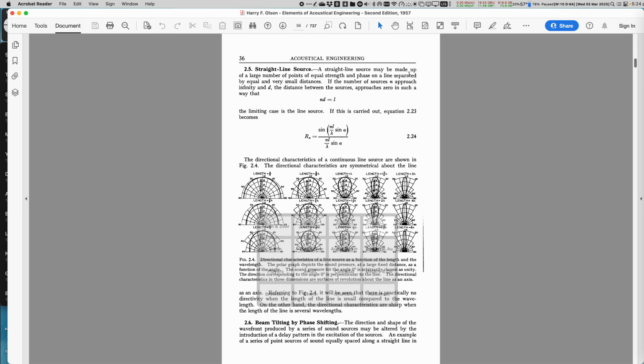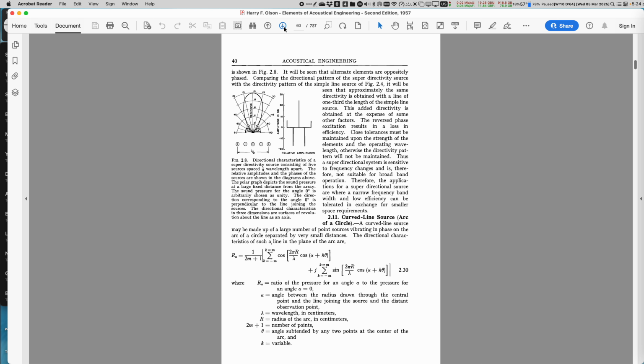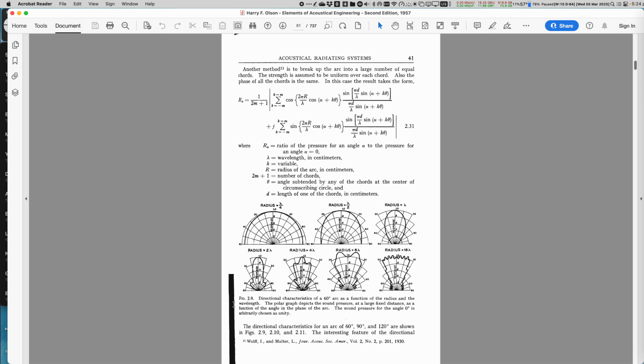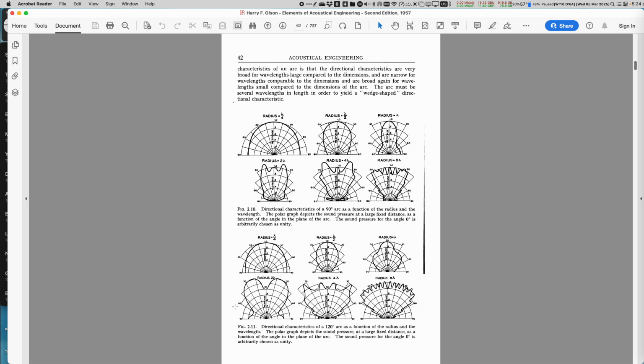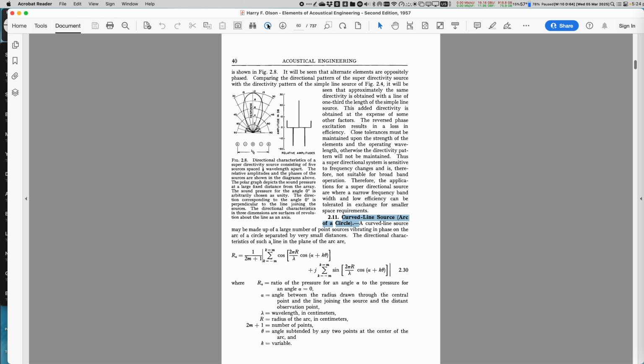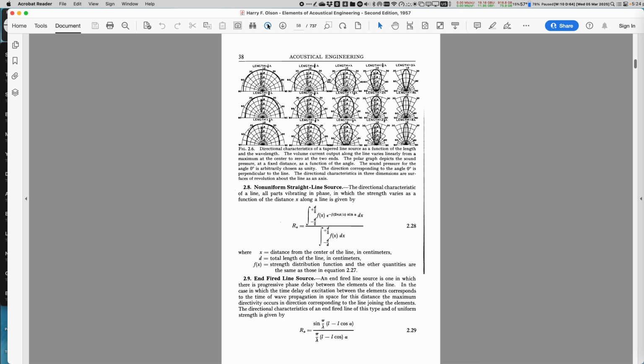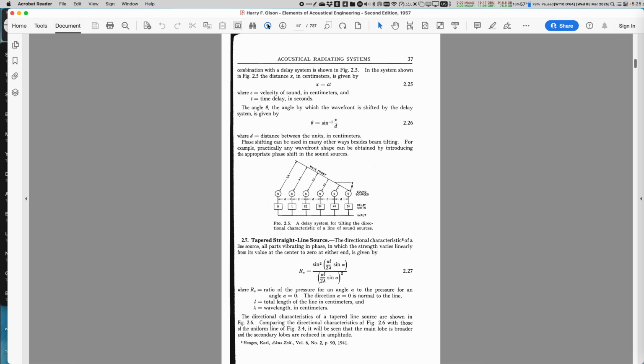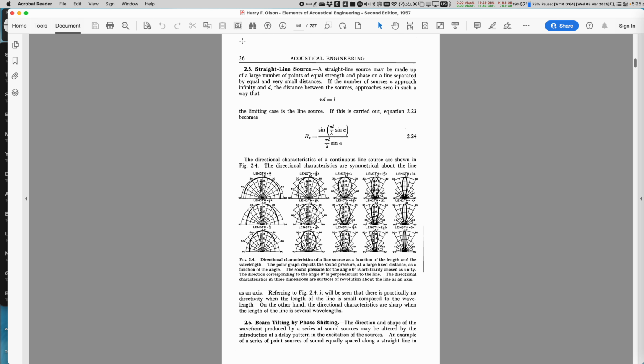Okay, something that I have to say is that if I progress a few pages, in this case to page 40, you can see curved line source or arc. This is the one where Mr. Harry Olson described the curved shape and the directivity of array systems that are arc shape. And by the way, the one that explained how to do this by electronic delay is here in the same page 36.